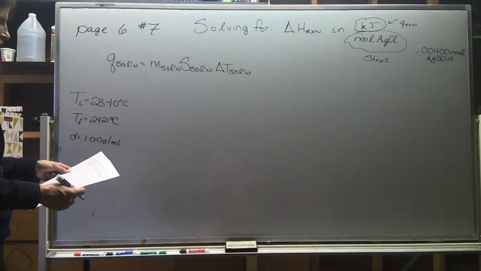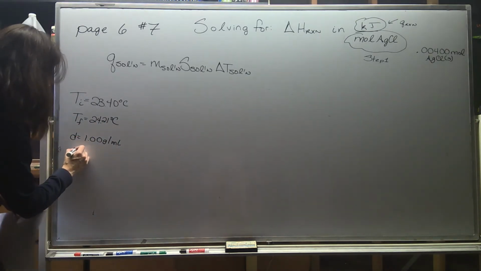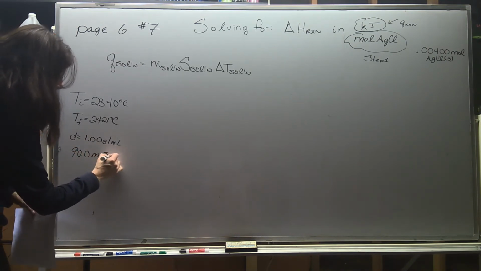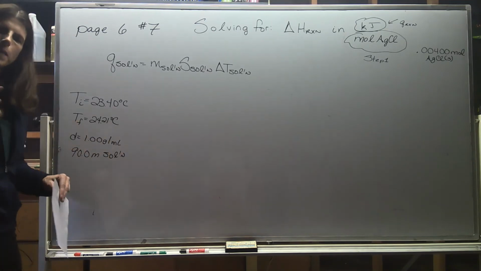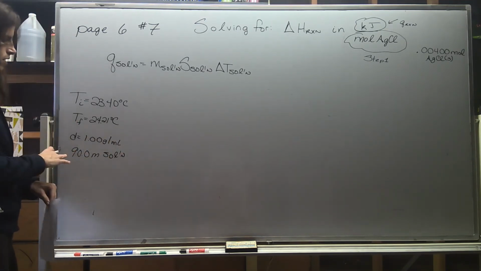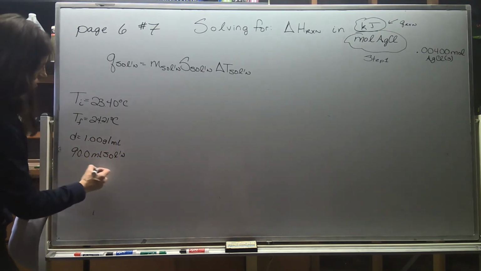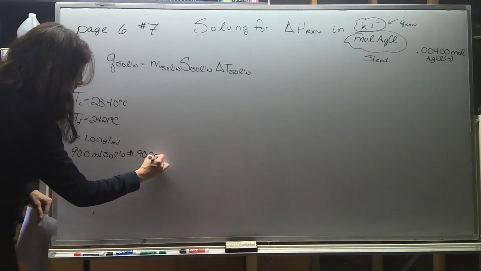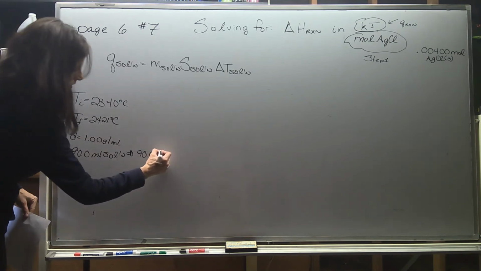Since we're adding 40 and 50 mils, we have 90 mils of solution. I got that by adding the two quantities. Then that means we have 90 grams of solution, since we can use 1 gram per mil as the density.